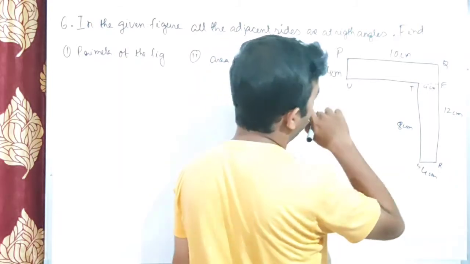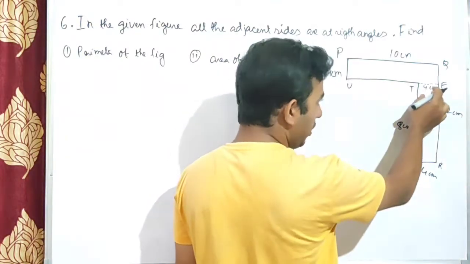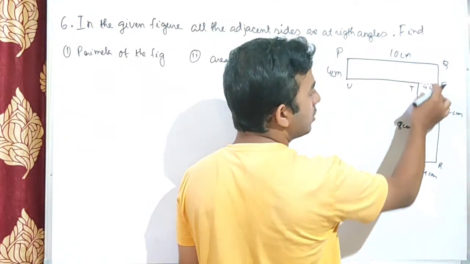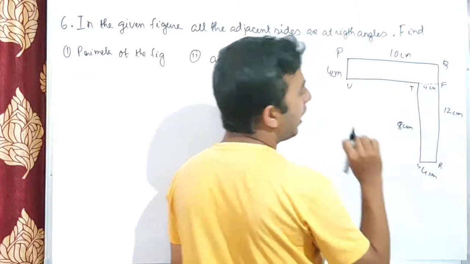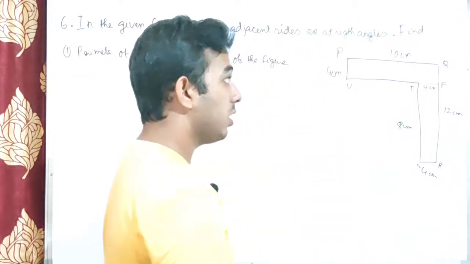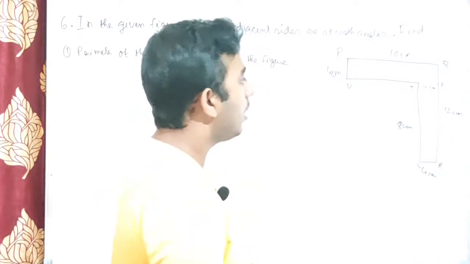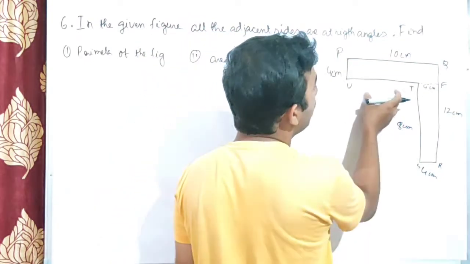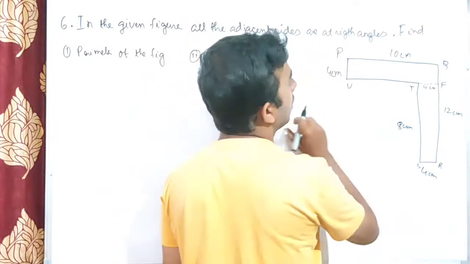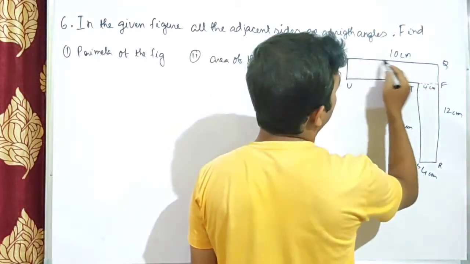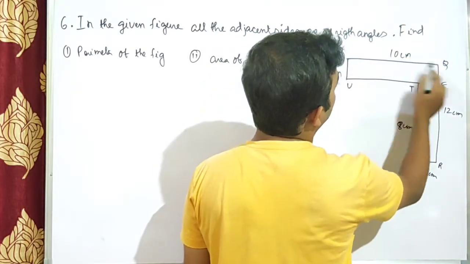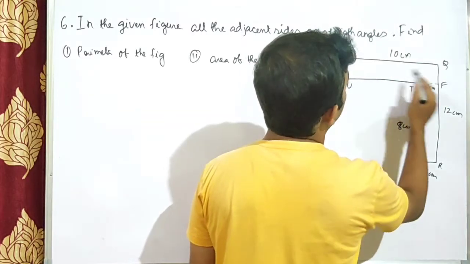Okay, so first, did you understand how this is 4 centimeter? Because this is one rectangle, and in a rectangle opposite sides are equal. Now look, we have to find the length of UT. The total length of PQ is 10 centimeter.